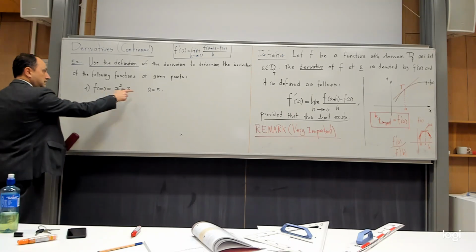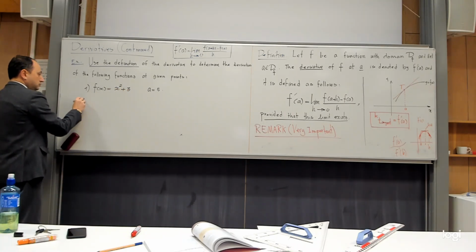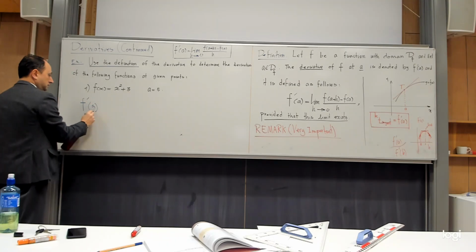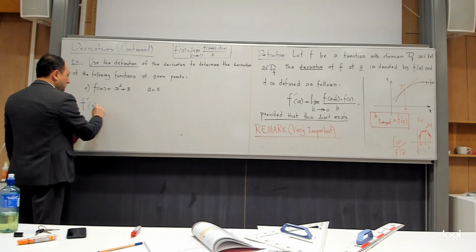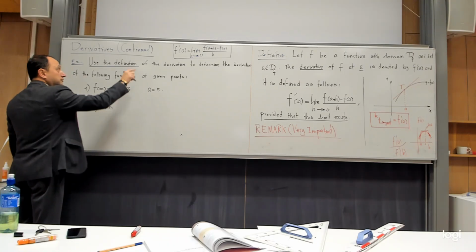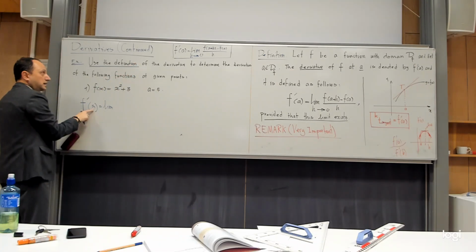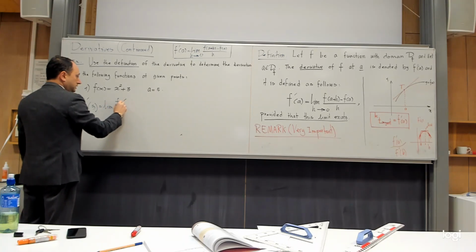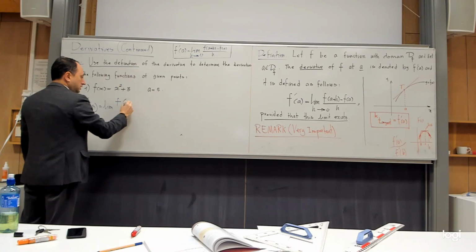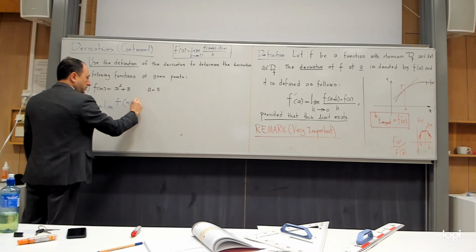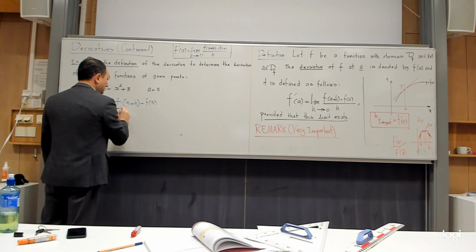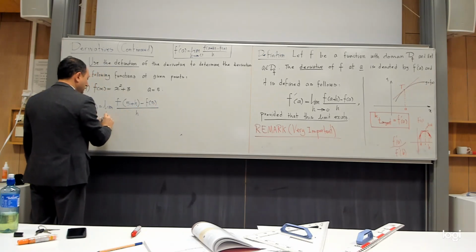So in this problem, I am asked to calculate f prime at the number 5. So this becomes the limit. In the given formula, I have to replace a with 5 everywhere. So this becomes the limit of f of, instead of a, I put 5, but instead of h, I have to respect and put h, and then minus f of 5, divided by h, and h goes to 0.